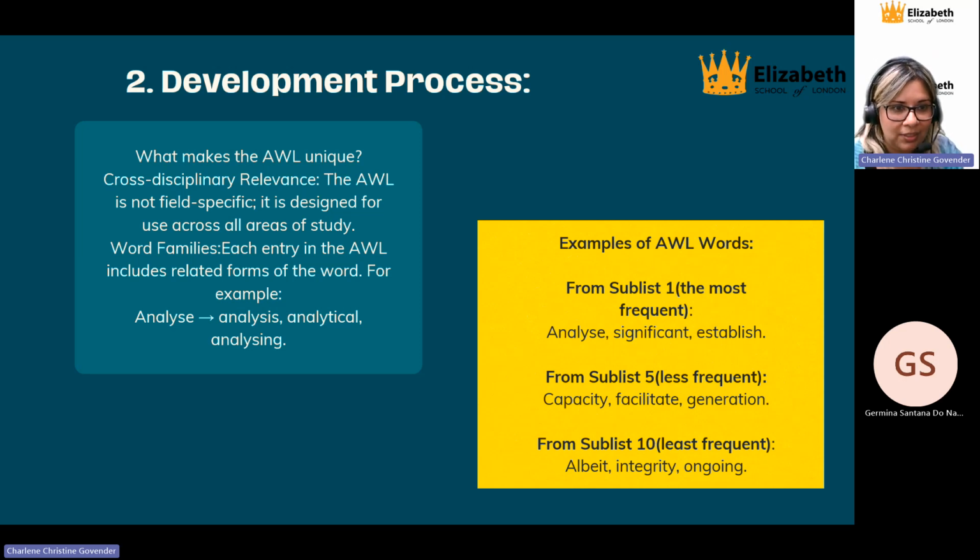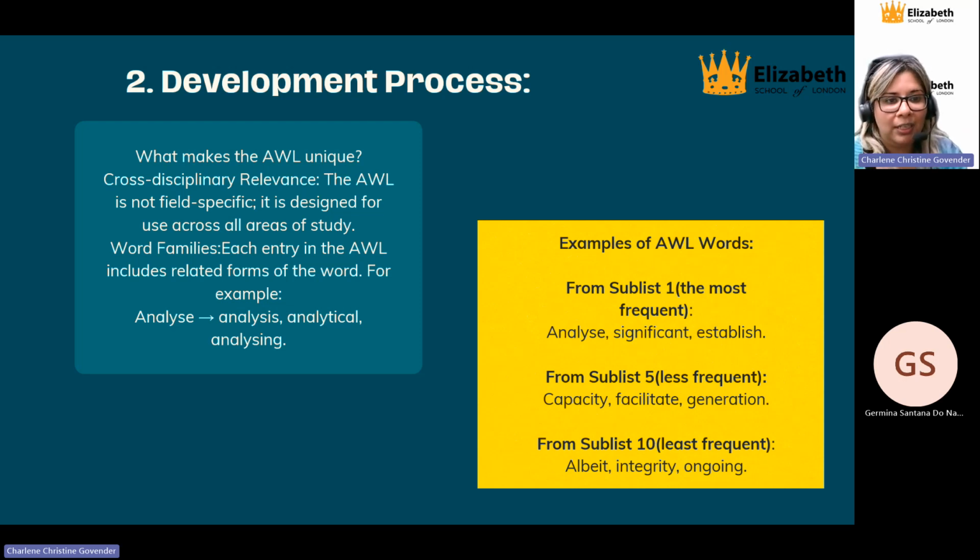Like I just mentioned, it is not field specific. It is designed for use across all areas of study. So if your friend is studying health science and you are studying business, you both can use the academic word list together to help in your essays and your writing and anything related to academia.